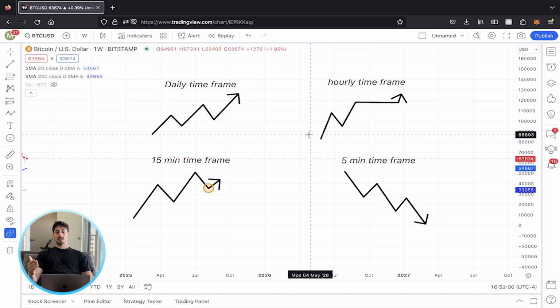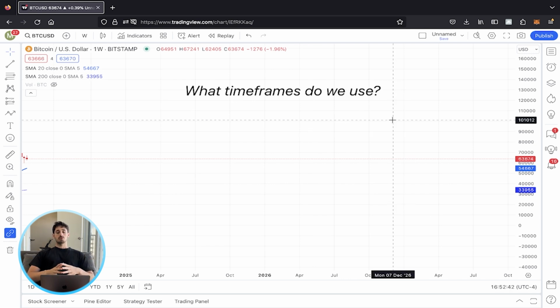All you're doing is looking across multiple time frames and seeing what is happening with price. And if all the time frames are telling you the same thing, that should give you way more confidence that your trade, assuming you're trading in the direction of the trend, is actually going to work or not. So the next question is, what time frames do we actually use?